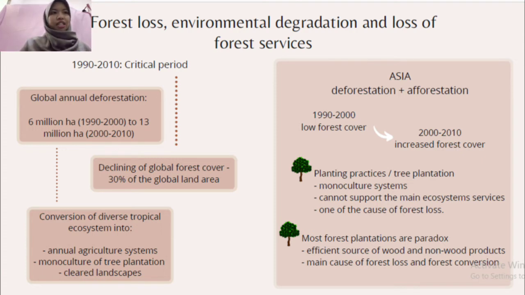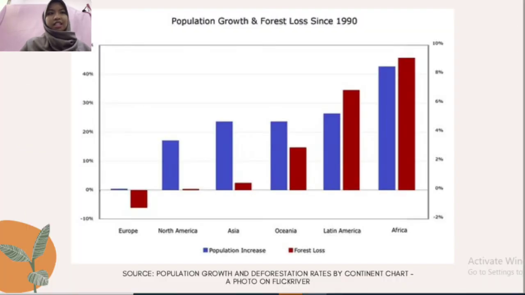We can see in this graph how forest loss and population growth have changed since 1990 in different regions: Europe, North America, Asia, Oceania, Latin America, and Africa.